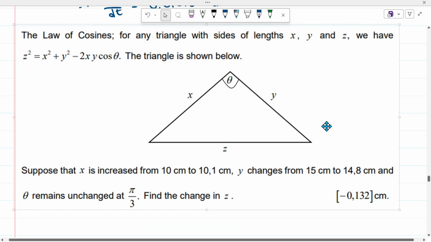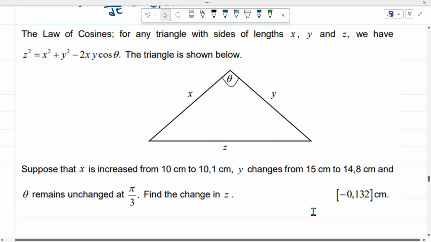So the other question that we have here is as follows. We have that the law of cosines for any triangle with sides of length x, y, and z, that z squared equals x squared plus y squared minus 2xy cos of theta. The triangle is shown below.